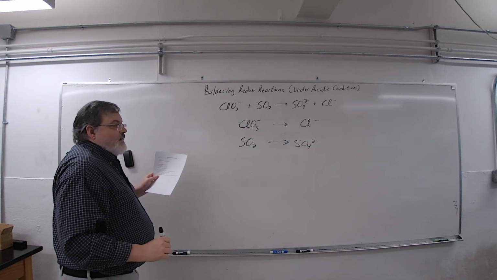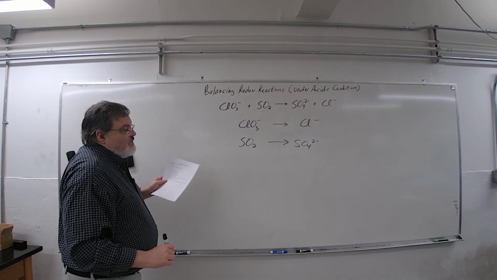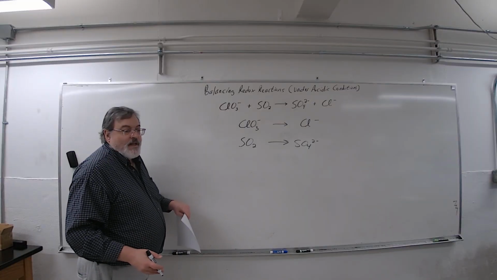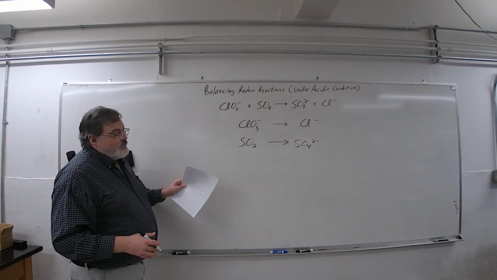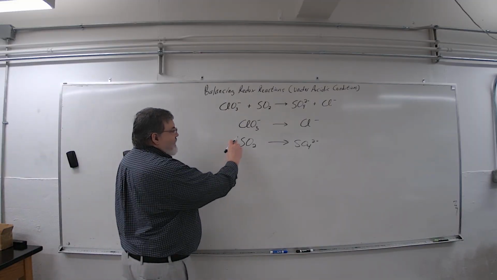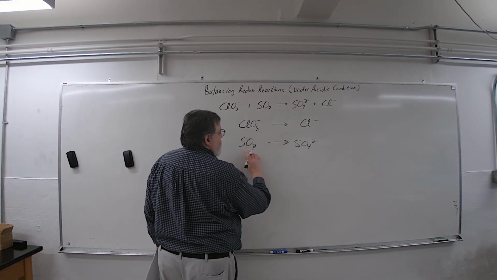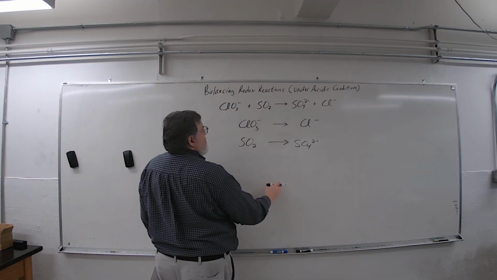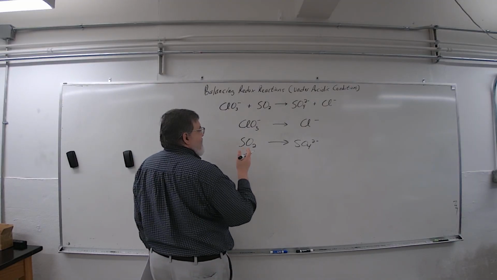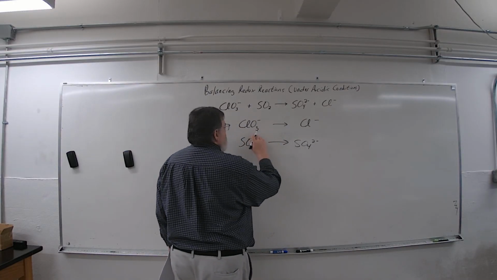You start by writing the half reactions, and then the first thing to do is to make sure everything except hydrogens and oxygens are balanced. As long as you follow these rules, you won't get hung up anywhere. The chlorine is already balanced. The sulfur is already balanced. So now I'm going to look at oxygen first and go, okay, oxygen, I need to balance that by adding H2O.